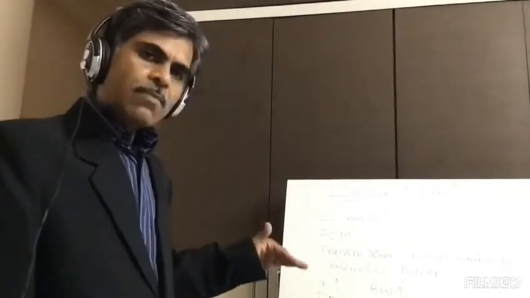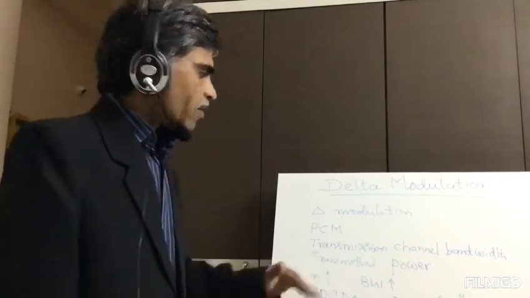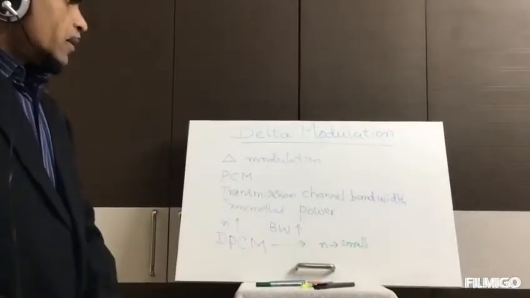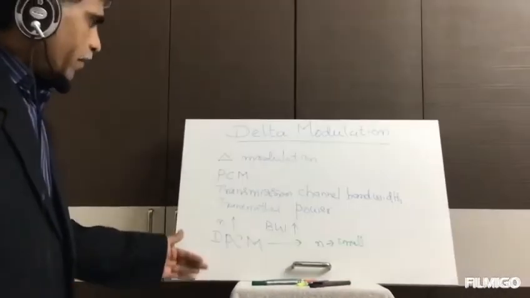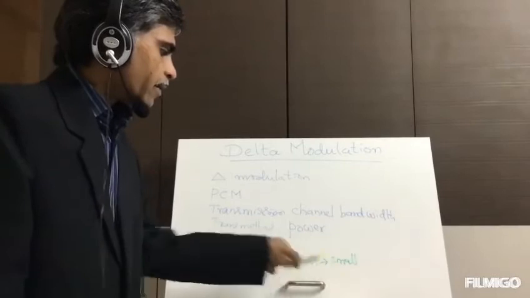So, on the same lines, to reduce the requirement of bandwidth further, or in other words, to improve the conservation of channel bandwidth further, we move from DPCM to delta modulation, where the n becomes equal to 1.